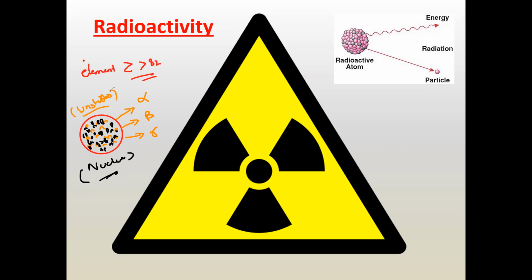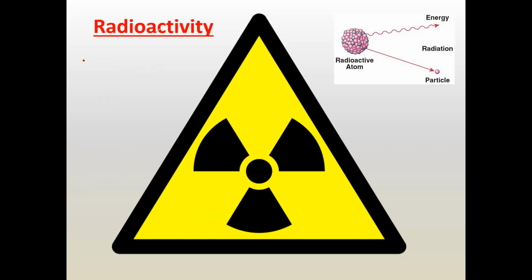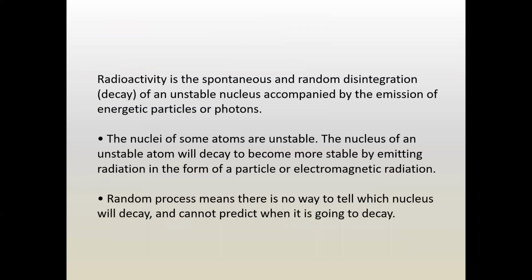The nucleus is unstable, it cannot hold these particles, so it tends to emit radiation or particles, and we call that material radioactive. And this radioactivity is a spontaneous and random disintegration or decay of unstable nuclei by emitting radiation such as alpha, beta, and gamma.